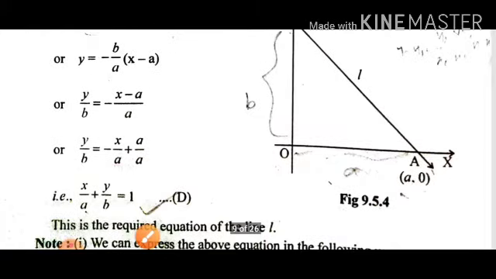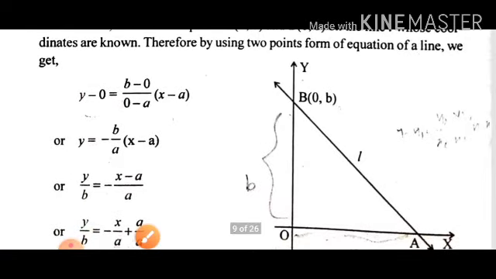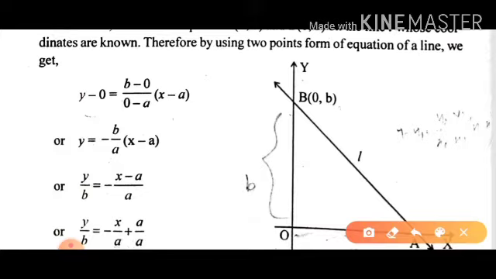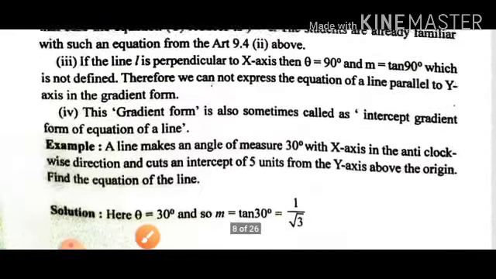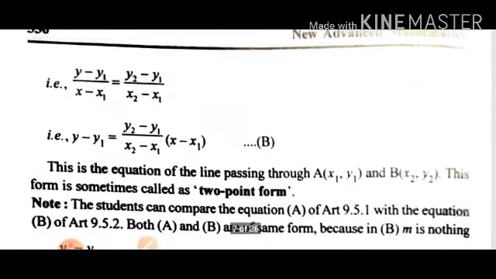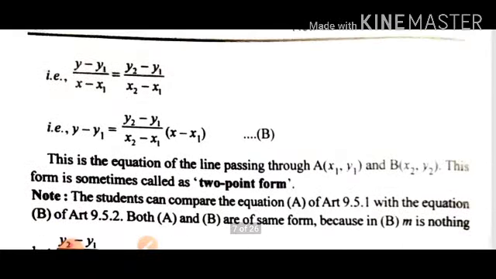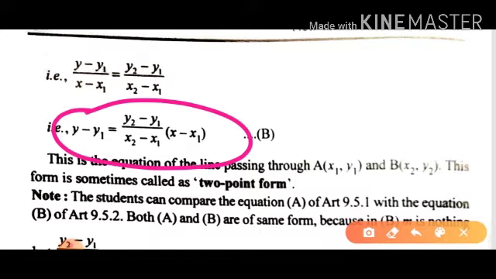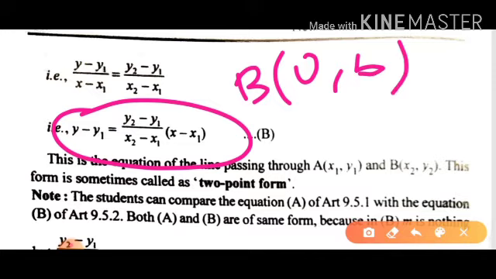And what we have done is we have used the 2-point form. If you can remember the 2-point form, this one was the 2-point form. We have just put the values: b was 0 comma b, and a was a comma 0.